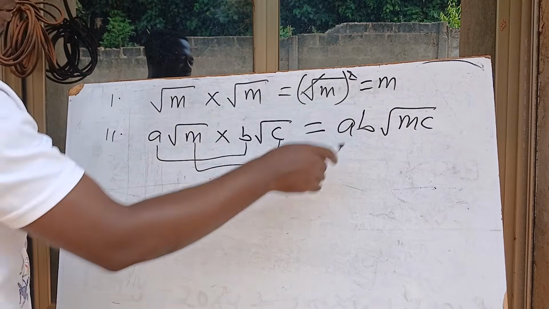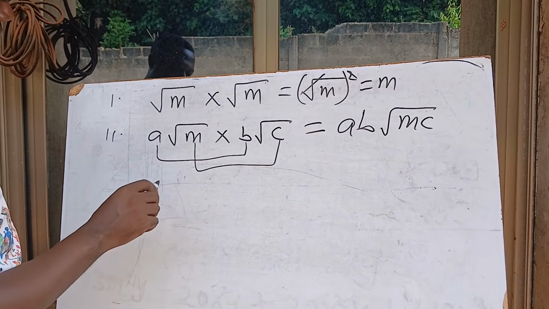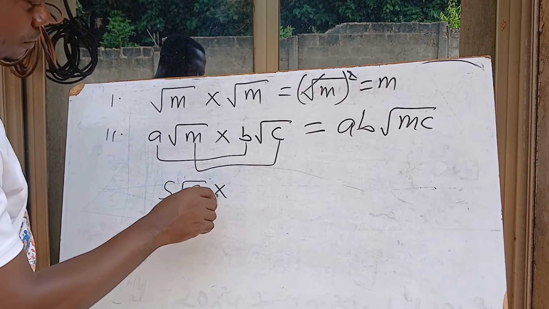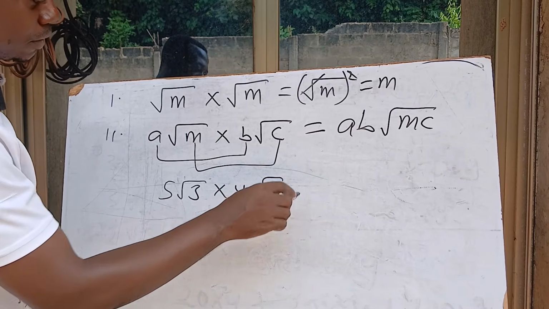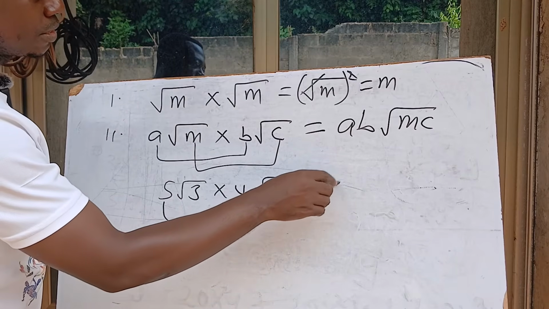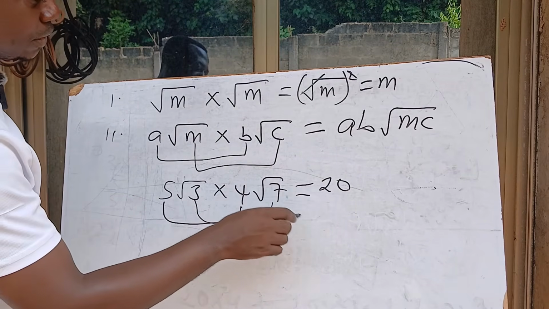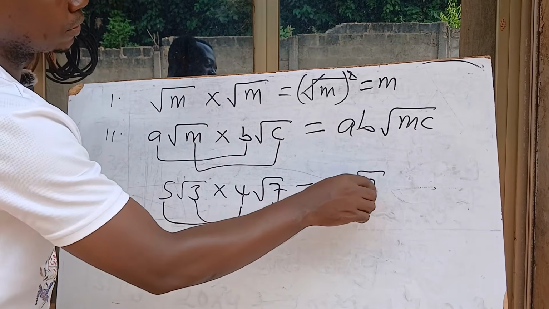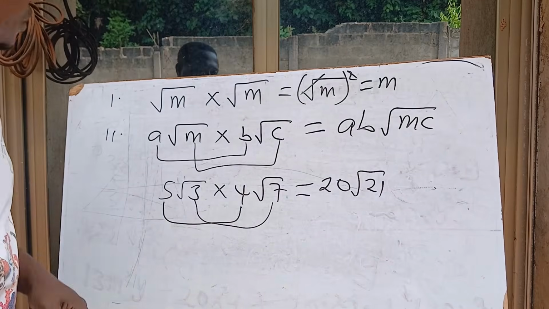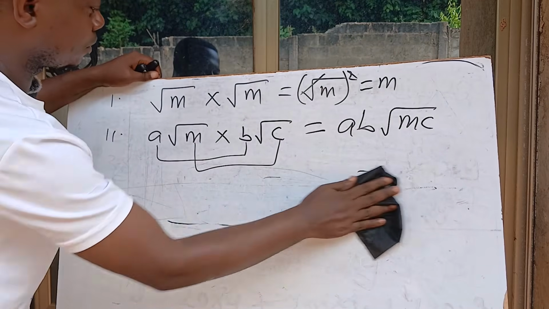So that's the result, okay? It means following this, when we have 5√3 times 4√7, so we have 5 and 4, 5 times 4, 20. Then this under the root sign, 7 times 3, 21. They also multiply.